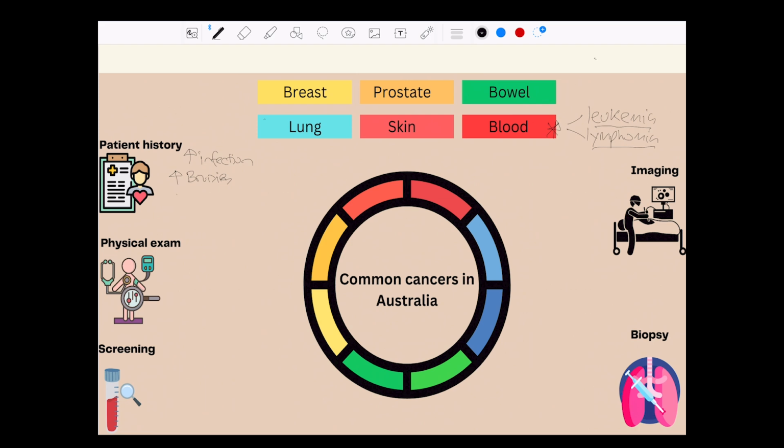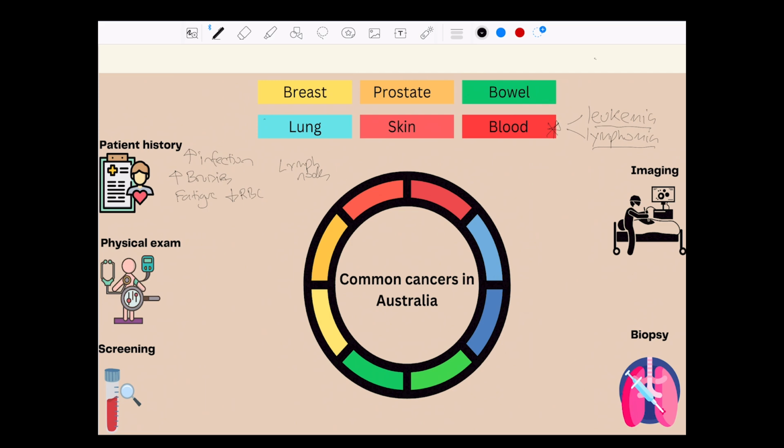You could have fatigue. So these would be signs, fatigue, because you've got a decrease in red blood cells, so becoming anemic. Or if you just have lymph nodes being felt by the individual, so bigger lymph nodes, that's also suggestive of potential symptoms associated with blood cancers.